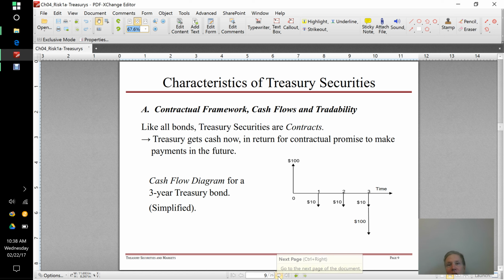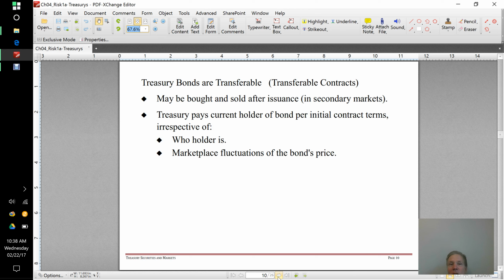This is just like bond contracts that we've looked at before, and even loan contracts. Except the reason this is more like bond contracts than loan contracts is Treasury bonds, just like all the other bond contracts we've looked at, are transferable. So they can be bought and sold after issuance, which we've seen happens a lot.